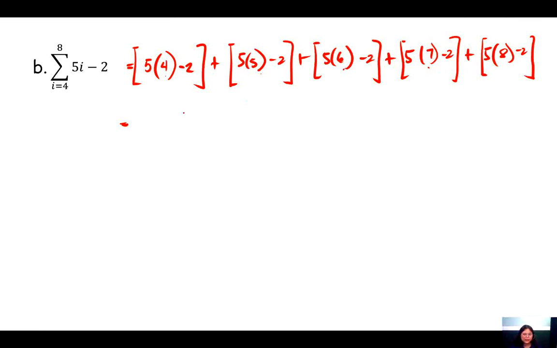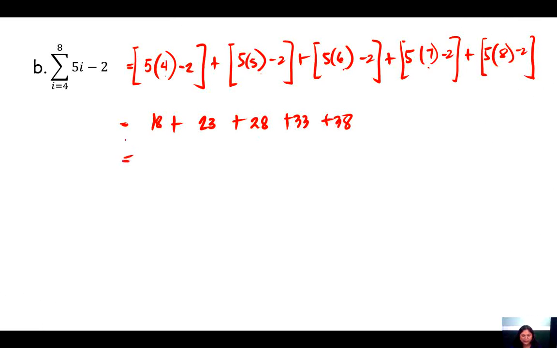Okay. Let's simplify. So 5 times 4 is 20. 20 minus 2 is 18. Okay. 5 times 5 is 25. 25 minus 2 is 23. 5 times 6 is 30. 30 minus 2 is 28. 5 times 7 is 35. 35 minus 2 is 33. 5 times 8 is 40 minus 2 is 38.